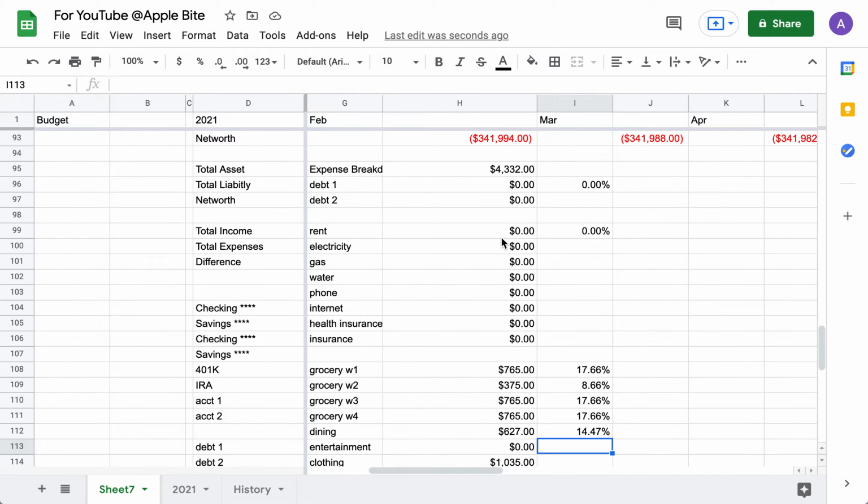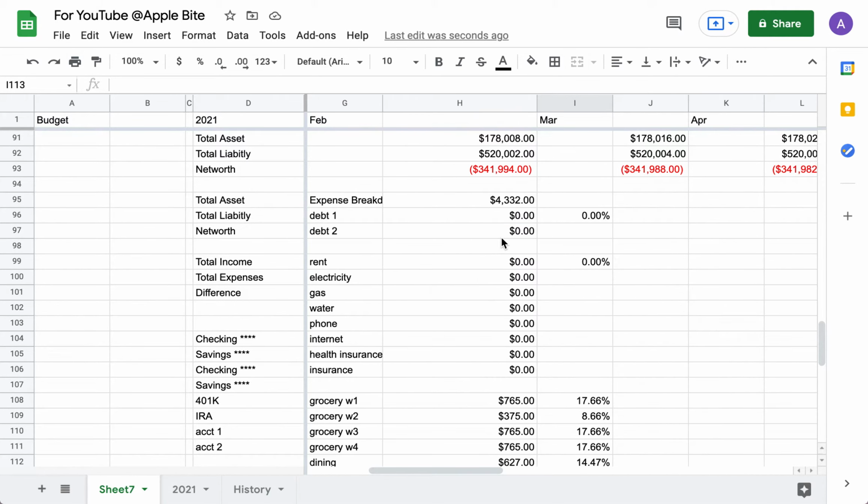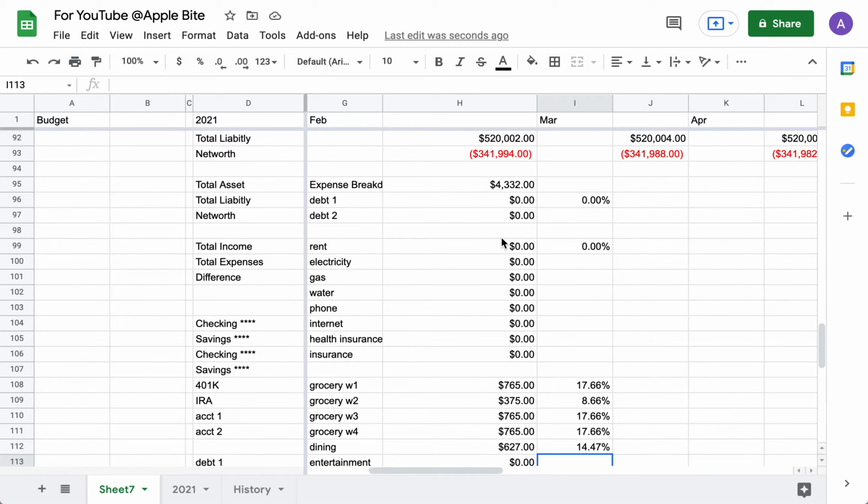And at the end of the year, you can clearly see how much you've spent on certain categories.